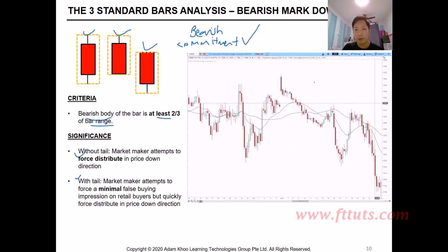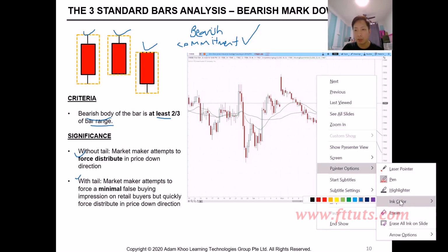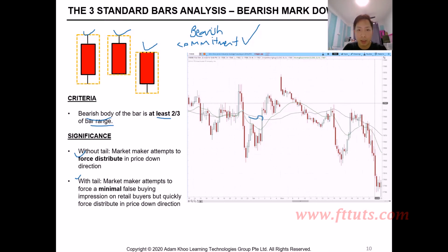So let's say now you have already identified them, and I'm going to use blue to mark them out. It can be this markdown bar, this, this, this one.